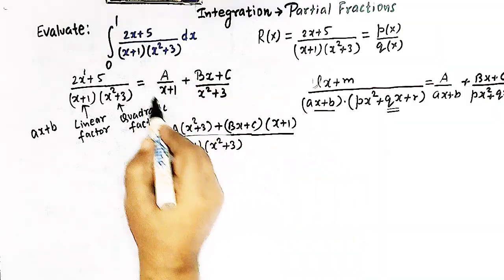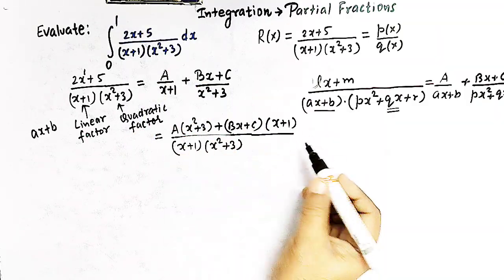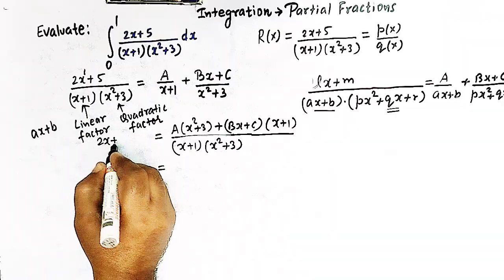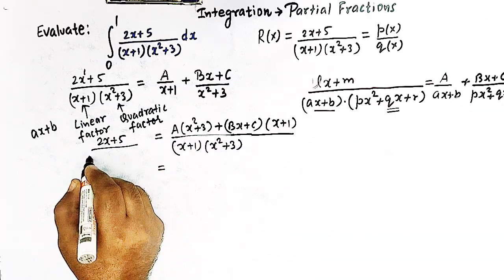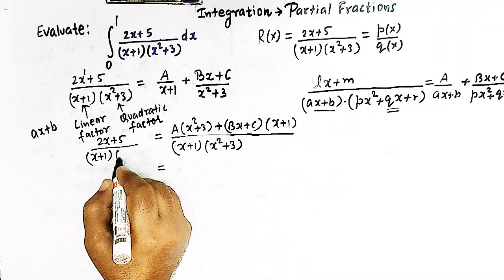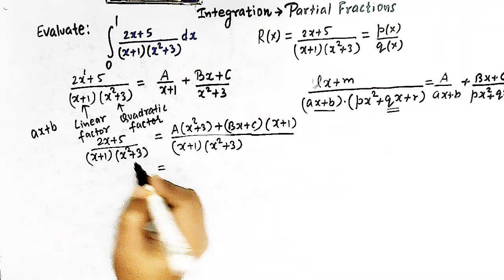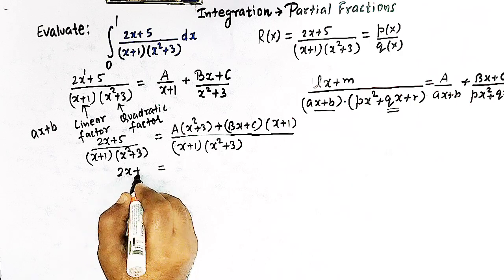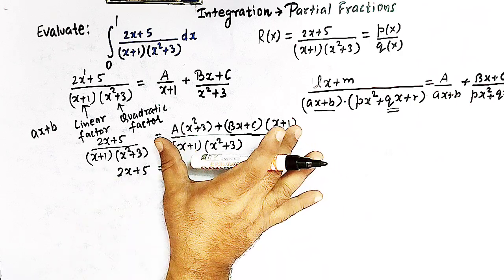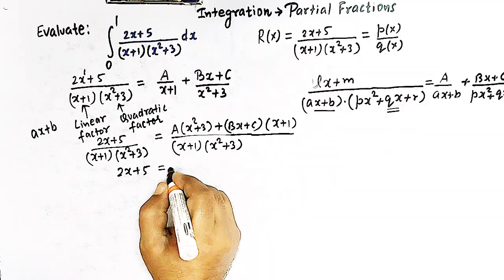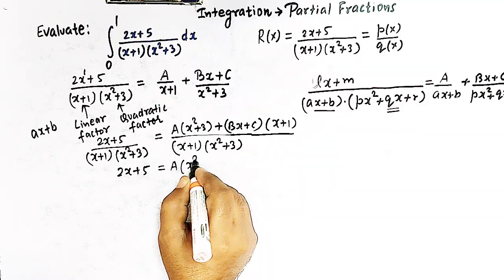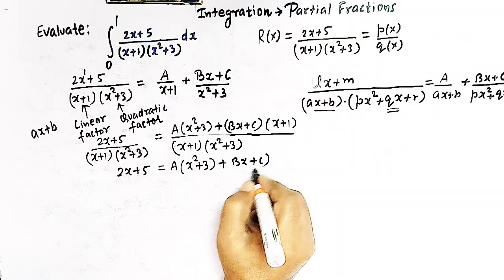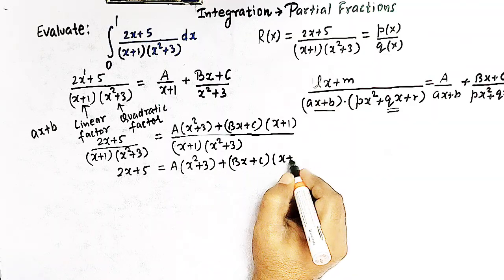Now we have 2x plus 5 divided by x plus 1 times x square plus 3, so 2x plus 5 is equal to a times x square plus 3 plus bx plus c times x plus 1.